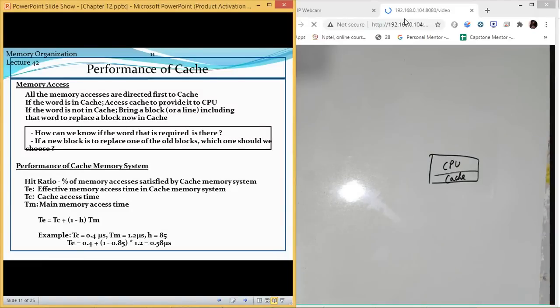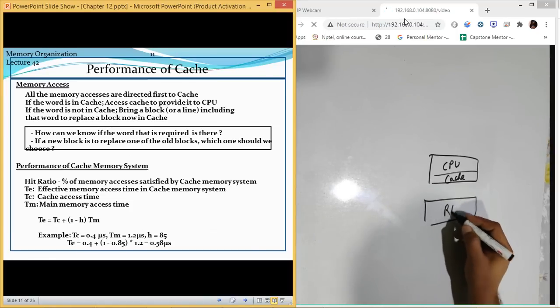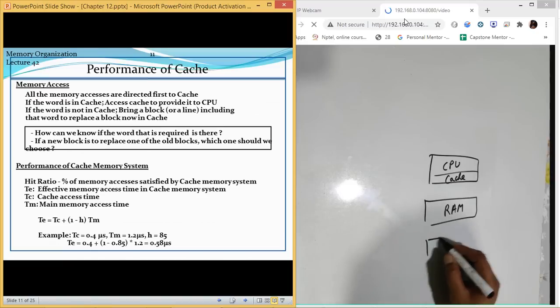So if we have a cache inside a CPU, then after this we have another thing known as RAM, which we have on our computer. After RAM, we have the hard disk drive.